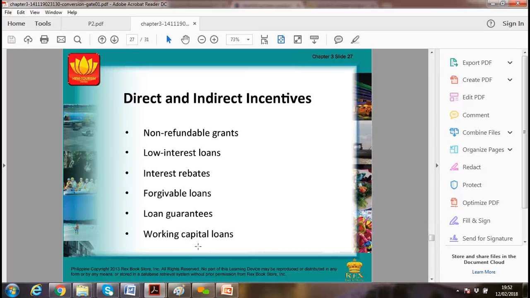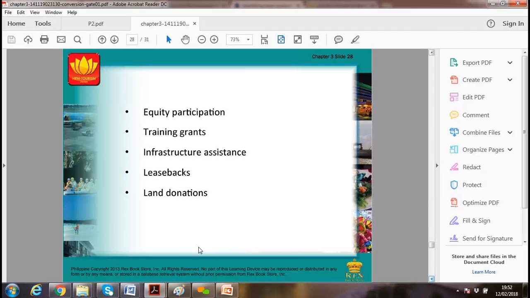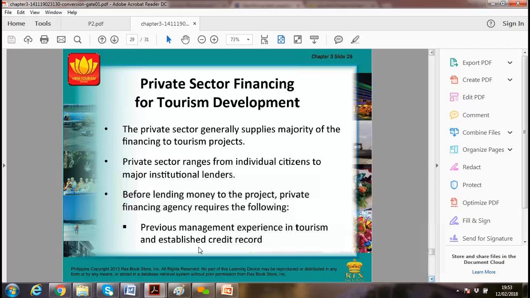Direct and indirect incentives include non-refundable grants, low interest rate loans, interest rebates, forgivable loans, loan guarantees, and working capital loans, which means the running capital in a business. There could be equity participation, government training grants like apprenticeship programs and various others to boost skills, infrastructure assistance, leaseback, and land donation. Yes, free land we will donate to you if you start.